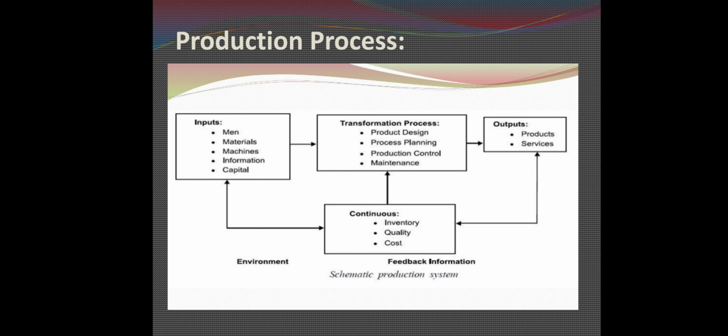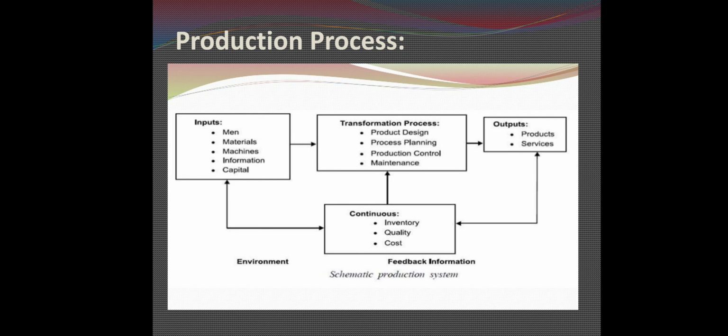And there are so many factors which affect this production process. Those are internal and external factors. We can say the environment of the production process. So the environment is around the production process. It may be the internal environment, which is the internal resources present in the organization, and there are the surroundings which we call the external environment or external factors, which affect the production process or the transformation process.